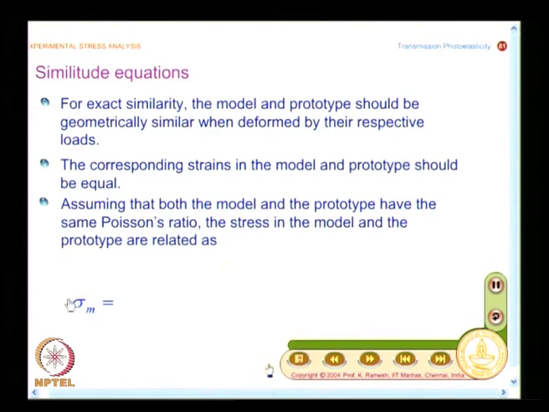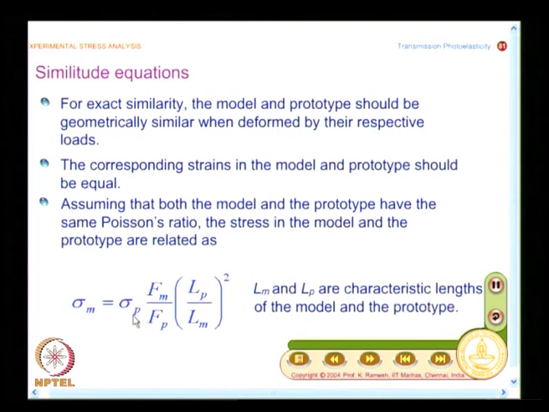I have a symbolism that with suffix denotes whether it is a model or a prototype, m denotes the model, and p denotes your actual prototype. So, I have sigma_m equal to sigma_p into Fm by Fp into Lp divided by Lm whole square. So, what we look at here is we bring in characteristic lengths from the model as well as the prototype, and then we find the stresses in the model is related to stresses in the prototype like this.